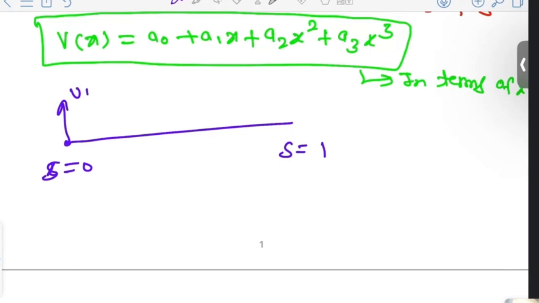Node 1 has V1, theta 1, and node 2 has V2, theta 2. This is node 1 and this is node 2.